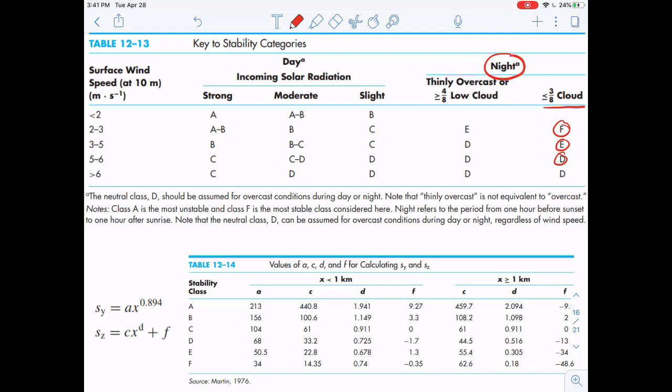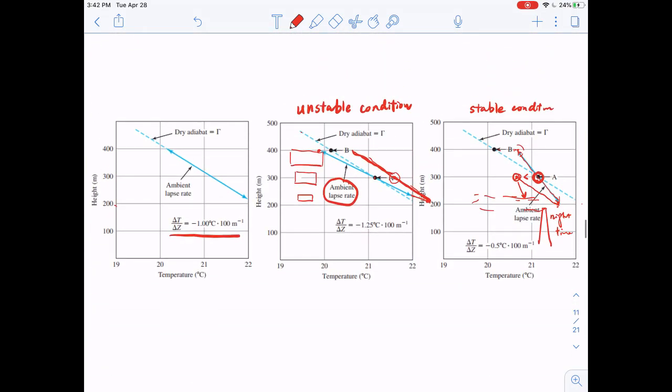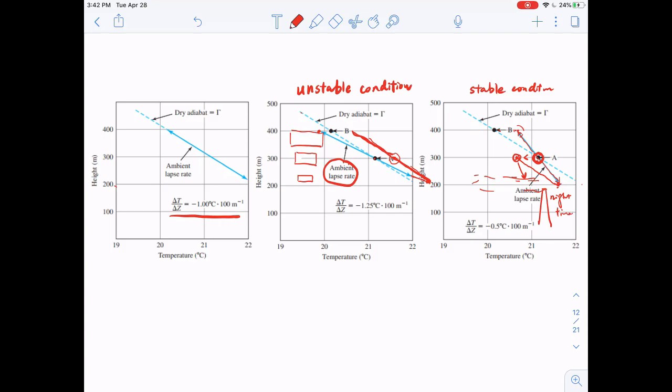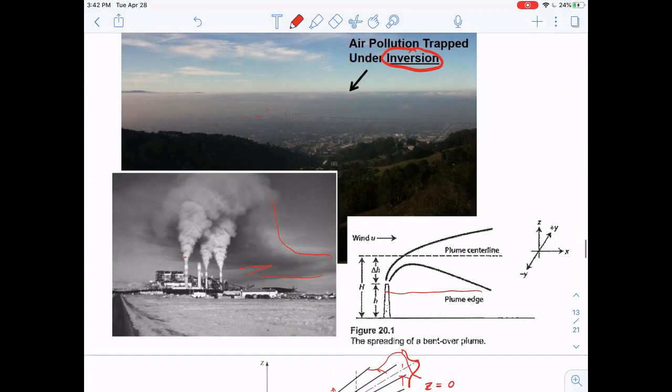So basically, this is also quite counterintuitive, right? If you have a clear night, actually that's more inefficient for the pollutant to be transported away. That's mainly because if you have clouds over the nighttime, then the surface temperature at the ground will be higher. But if you don't have any cloud, then the temperature at the surface will be lower. And then it's going to be easier to have this type of condition, right? The ground temperature is actually lower compared to the normal condition.